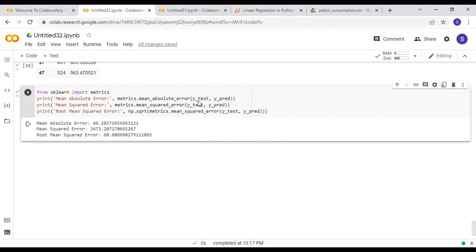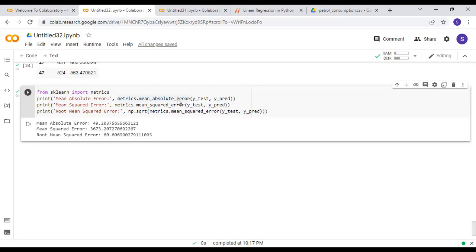with respect to y test and the predicted value. y test is the actual value, y pred is the predicted value. With respect to the actual value and the predicted value, the corresponding errors are given. The absolute error is 49.20.